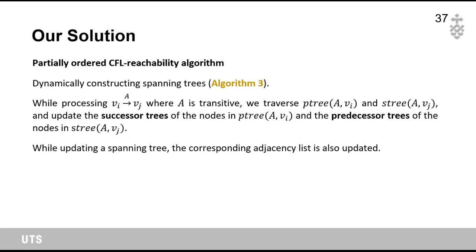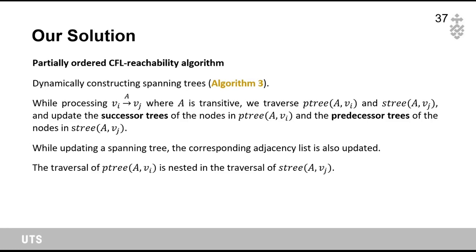Notably, while updating a spanning tree, the corresponding adjacency list is also updated, and the traversal of P tree A vi is nested in the traversal of S tree A vj.